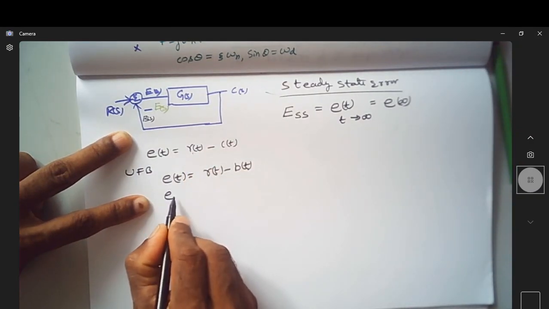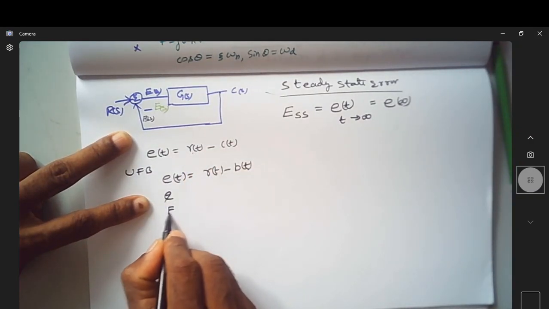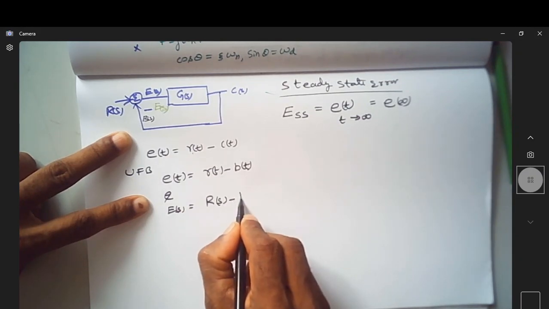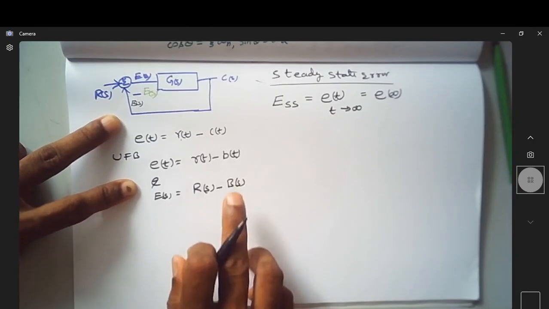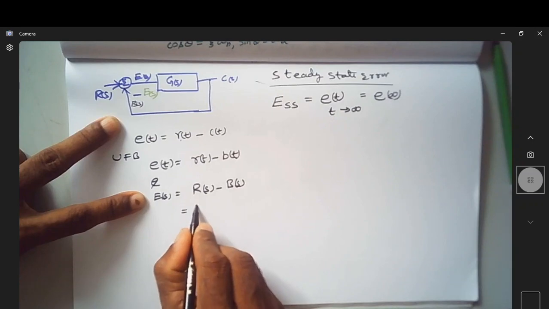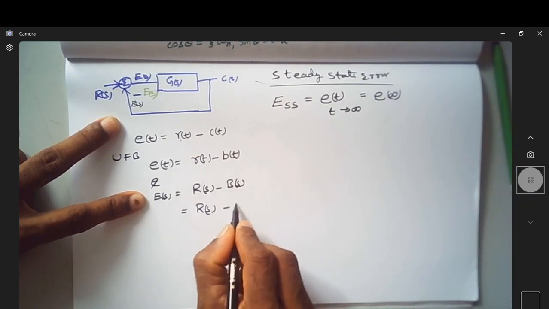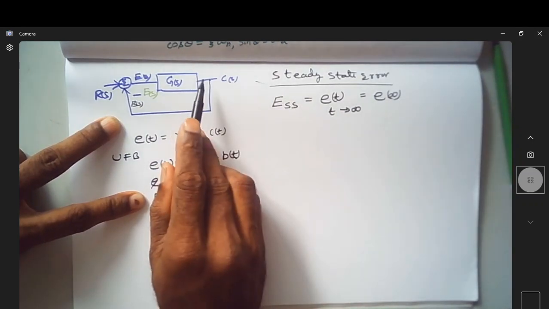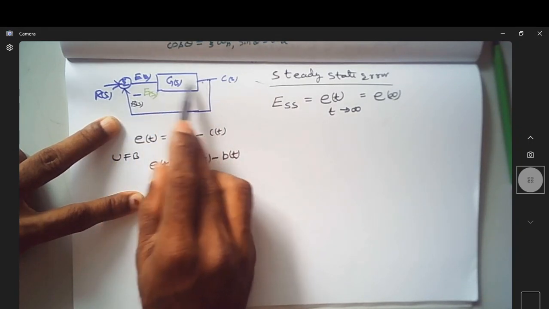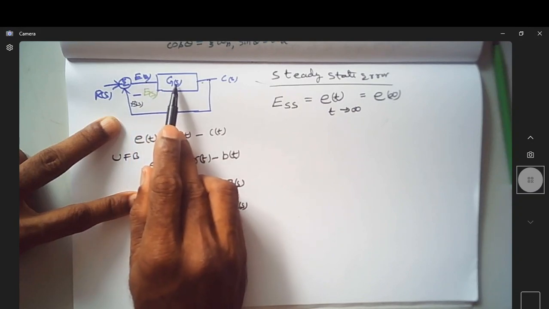I can write E(s) is nothing but R(s) minus B(s). What is B(s)? B(s) is nothing but C(s). I can write it as R(s) minus C(s). But this C(s), which is the same as B(s), is nothing but E(s) into G(s).